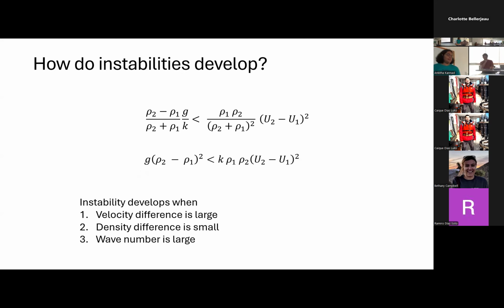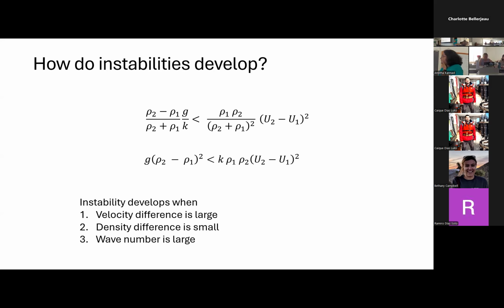Is there a logical reason to think about why the density difference is small to get instabilities? Why does it make sense that density difference is small?